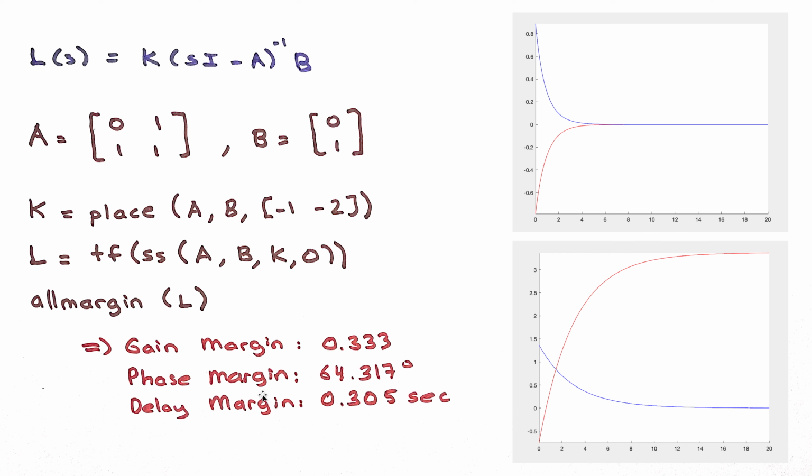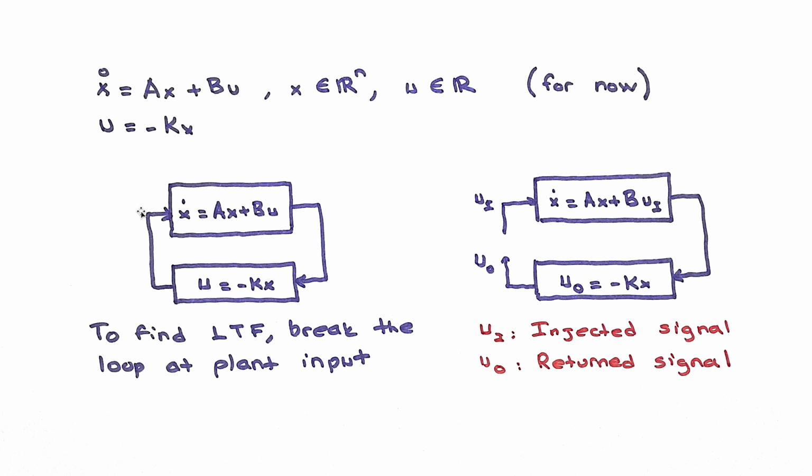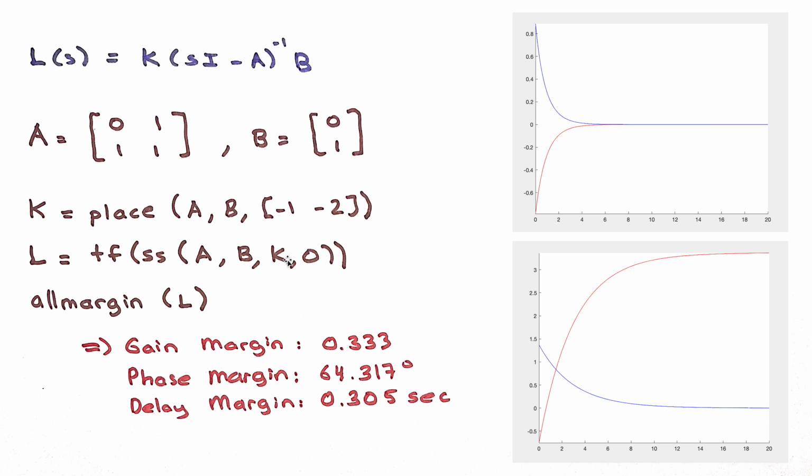Phase margin is good. I mentioned in the other video that I usually use gain and delay margin together. So the delay margin here, in this case, is 0.305 seconds. I didn't do this in this example, but if you insert a delay here, 0.305 seconds, the system response will be Lyapunov stable or marginally stable. This means that your system can tolerate delays at the input up to 0.305 seconds.